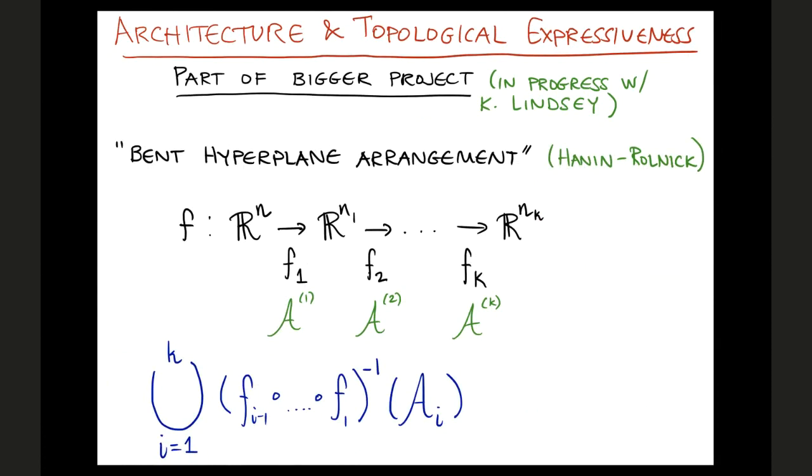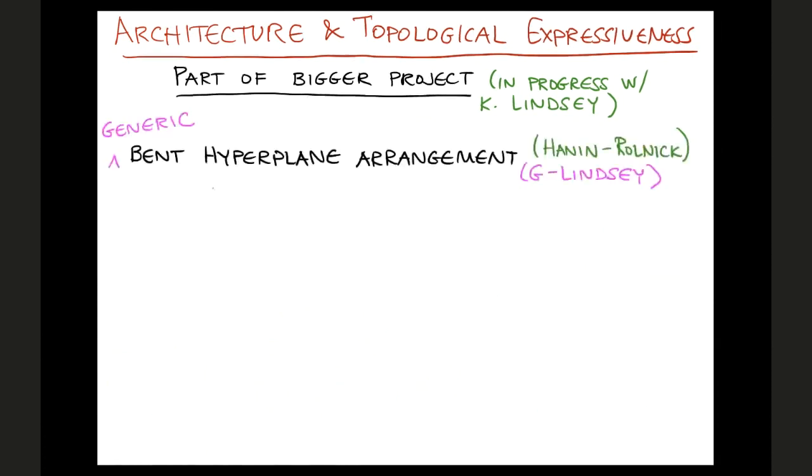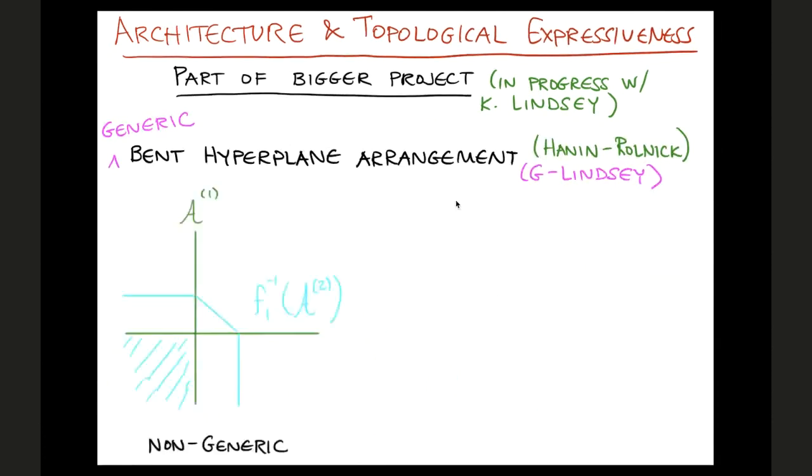Now, what I don't think is in the literature yet, or is really appreciated yet, is that this is actually a misnomer unless you're talking about generic bent hyperplane arrangements. There are very, very simple examples where if you pull back hyperplanes, you get things which are not codimension 1 as you would like them to be, or for which these intersections are not generic, or not transverse in the way that you would like them to be.